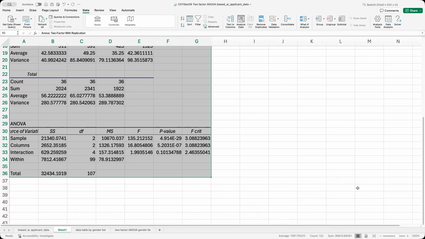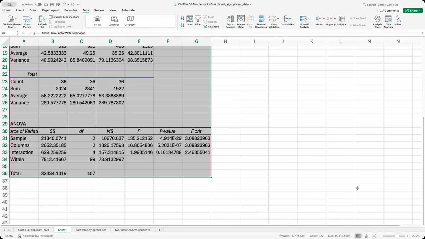Does gender affect hiring by this AI score? Is this AI biased by gender? Gender is which one, rows or columns?